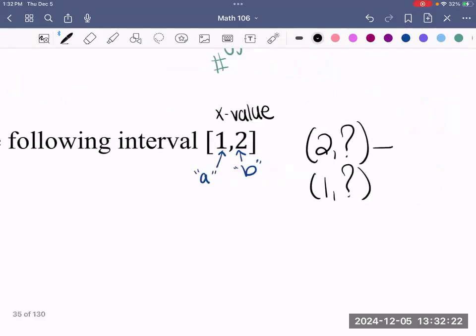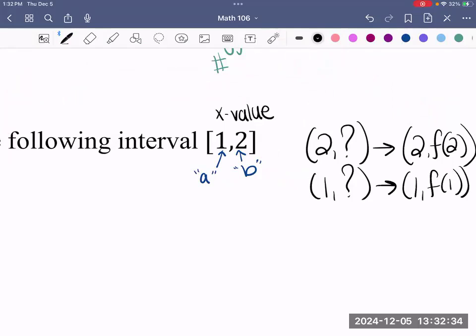So what we need to do is plug into its formula, into its function, a 2. And same thing here, a 1. We need to go ahead and find the y.